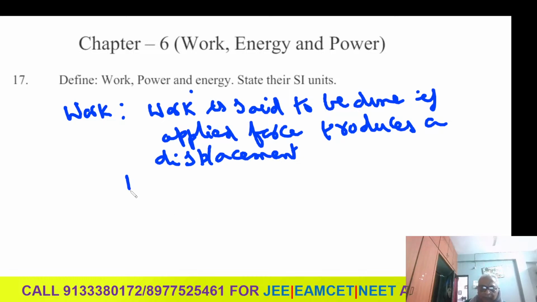So work done is given by the formula, dot product F bar dot S bar. F is called force, S is called displacement, F S cos theta, dot product.